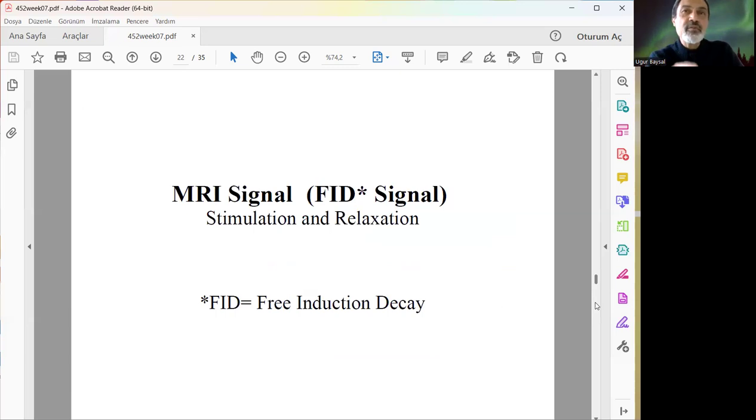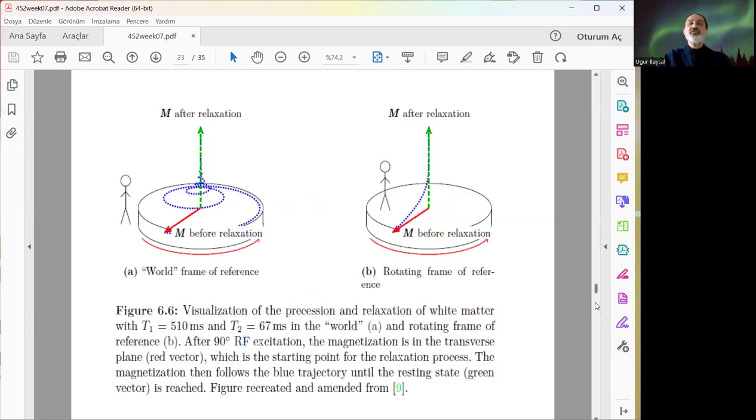This signal is called free induction decay, or FID signal. So we stimulate with Larmor frequency and the tissues reflect back with FID signal. That FID signal has amplitude, attenuation, phase difference, lots of information to be decoded, and this information is used to image.